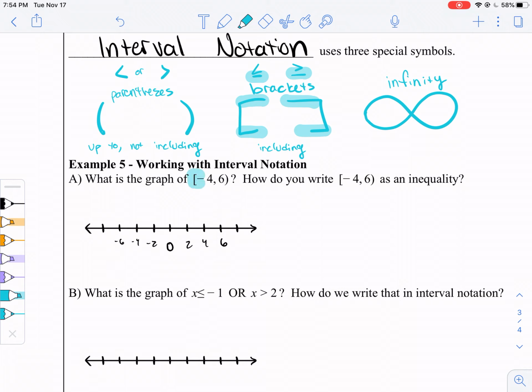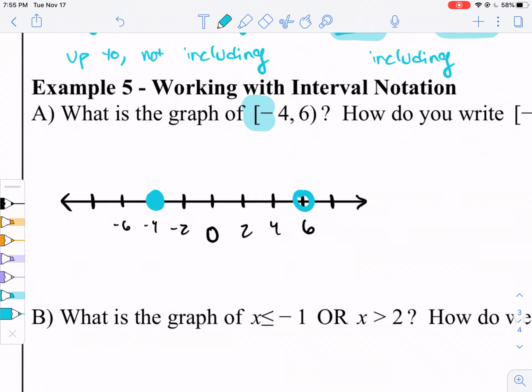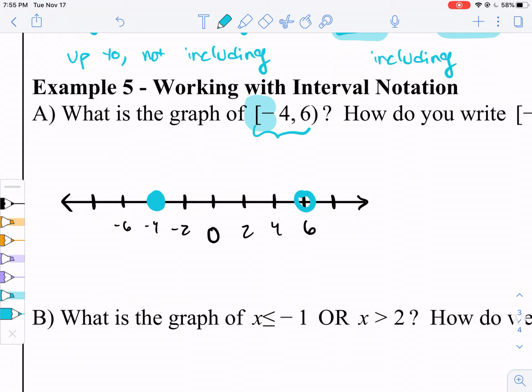Bracket means equals, so that's going to be solid. And here we've got parentheses. Parentheses means not including, so that's going to be open. So to include all the numbers in this interval, we shade the area between -4, including -4, and up to 6, but not including 6.